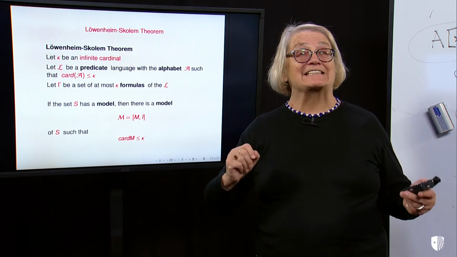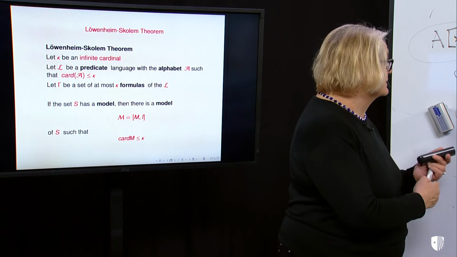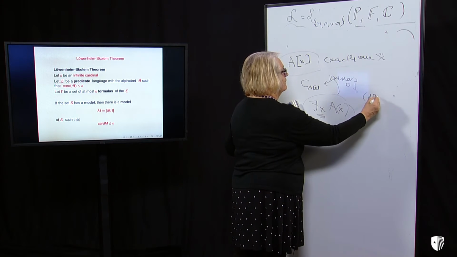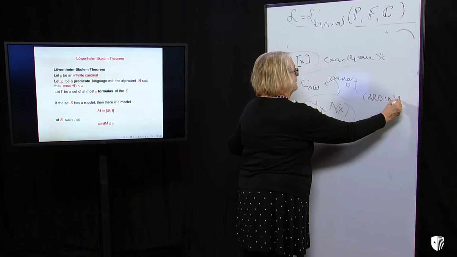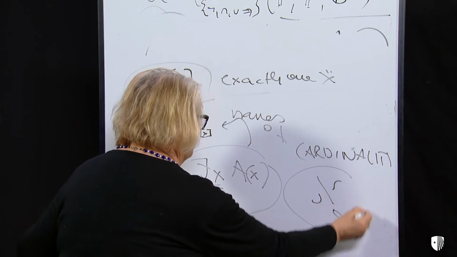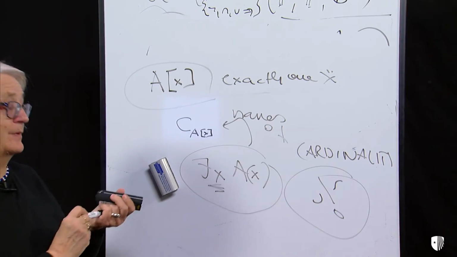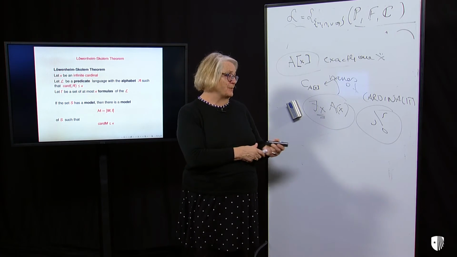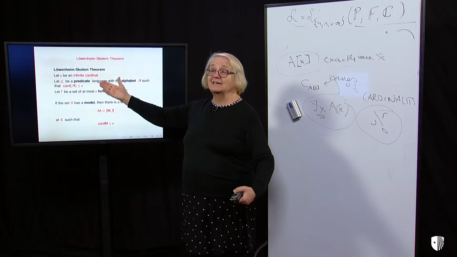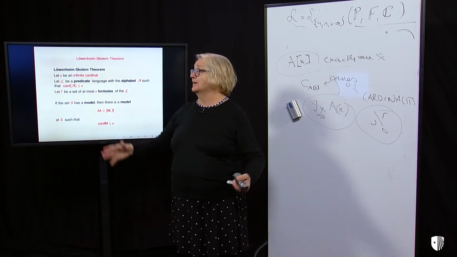Countably infinite is cardinality Aleph 0, a cardinal number which expresses a countably infinite set. Now you have many other cardinal numbers.